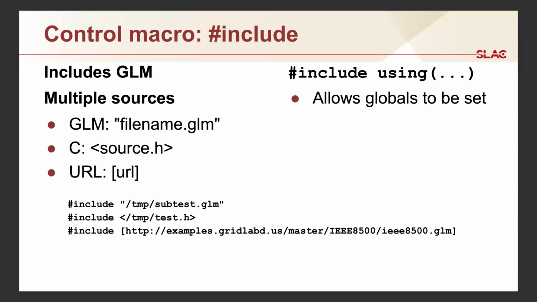And then if you refer to A and B in the GLM file or in the downloaded file, they'll be expanded appropriately. And that allows you to basically create a list of includes with variables that change from one include to another. So you can include the same house GLM file and change the phase on which the houses are attached, for example.